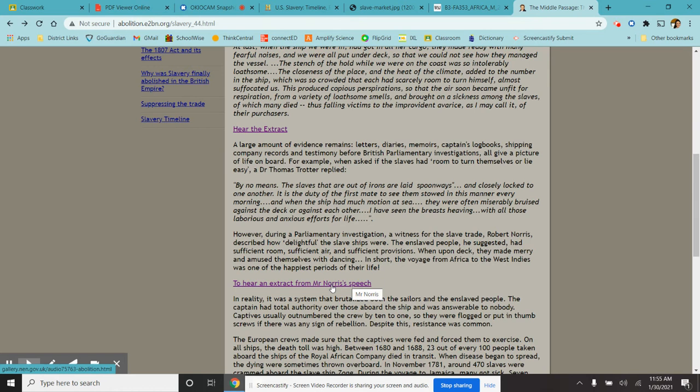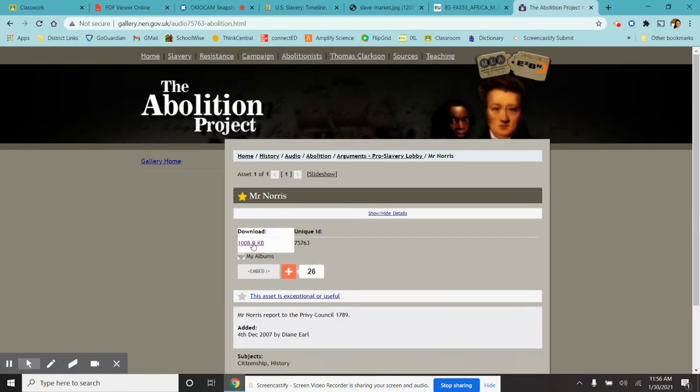So here's an excerpt of a gentleman who's explaining how the slaves were treated. I wouldn't like to be treated that way, but the way he explains it, he makes it seem like they're on vacation.